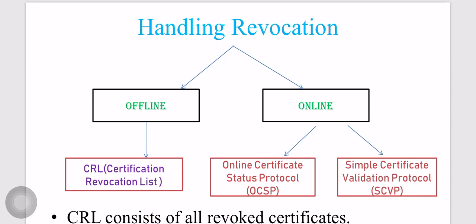In the same way, here also they used to maintain records. It is a very traditional fashion, and it is not used now. They follow online certificates using two protocols called Online Certificate Status Protocol and Simple Certificate Validation Protocol. Using these two protocols, certificate revocation will happen.